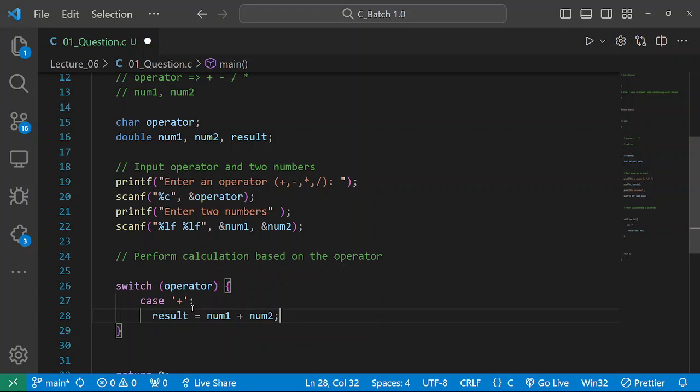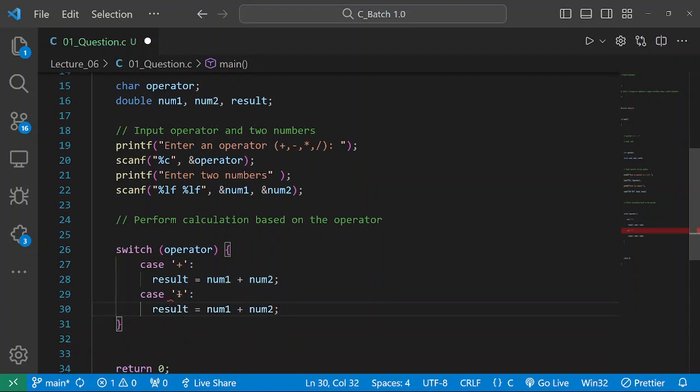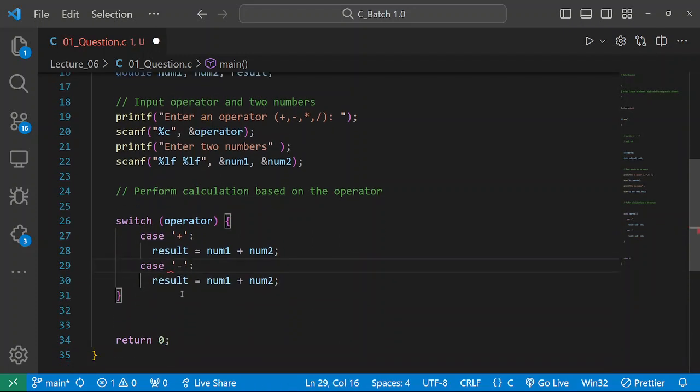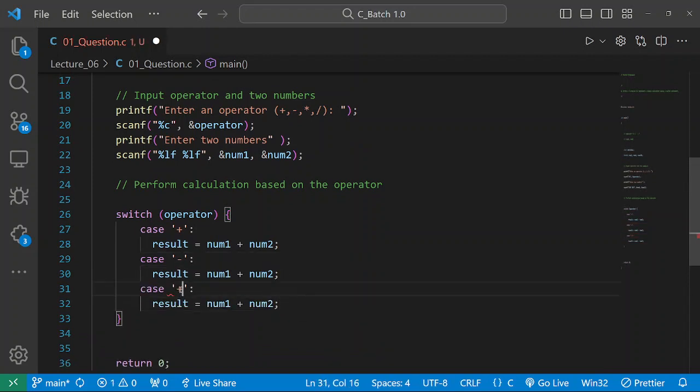Now we will follow the same thing again and again for subtraction, division, as well as multiplication. Look now what I am doing: I'm doing the same thing here again. I need to change it here also in result.